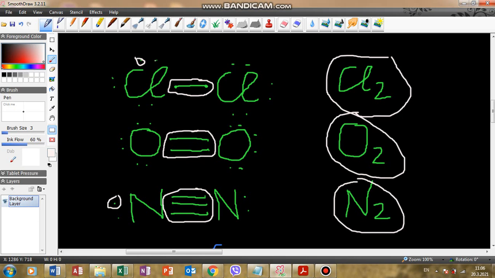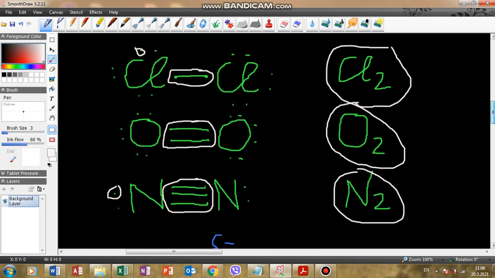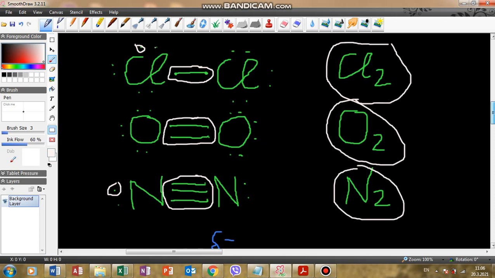And to understand better the principle of covalent bond, you have to understand the principle of electronegativity, which is the ability to attract electrons once the bond is formed. Because we have the same elements here, none of these elements is more electronegative, so this bond is called non-polar covalent bond.